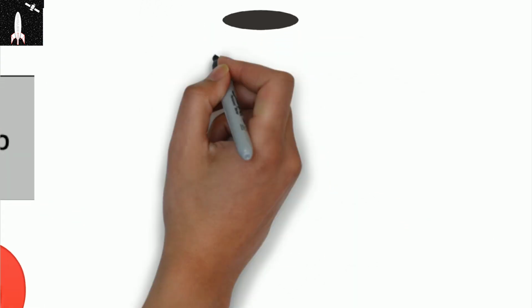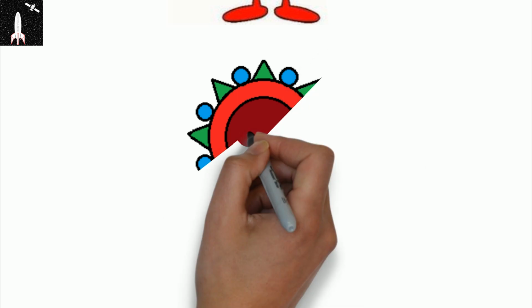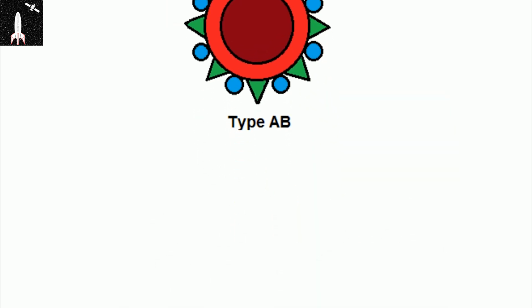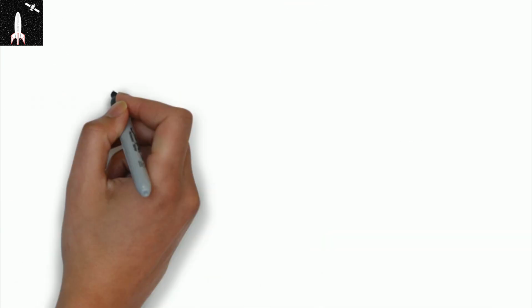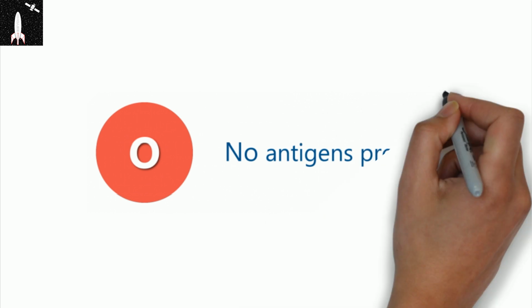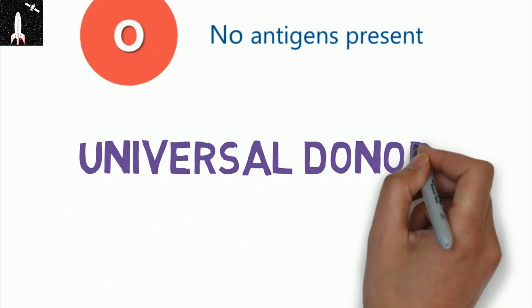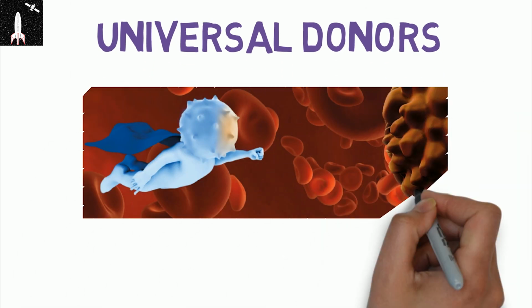But people with AB produce both A and B antigens, so they don't make antibodies against them, and recognize the blood given as a safe thing. This is why AB blood type is said to be the universal recipient. Since blood type O doesn't produce any antigen, they are called universal donors. But their immune system will make antibodies that reject any other blood type, causing death.